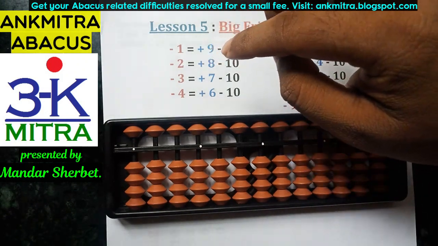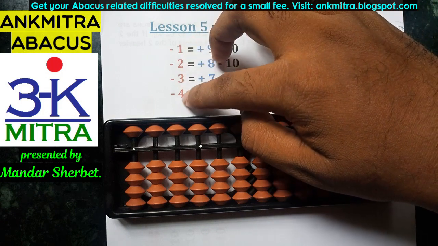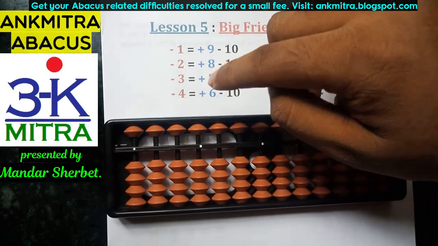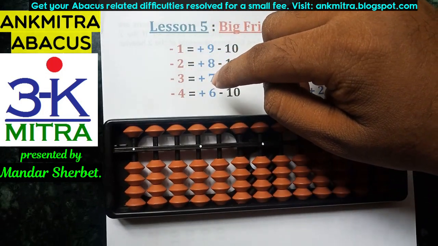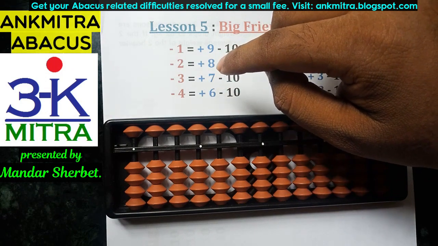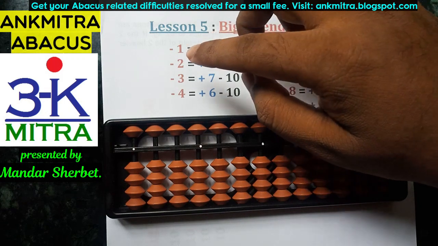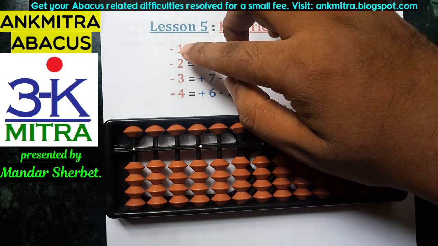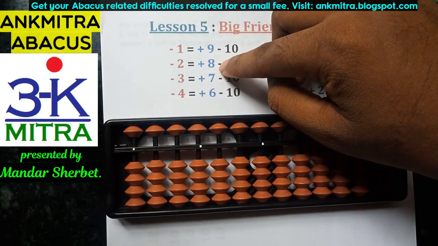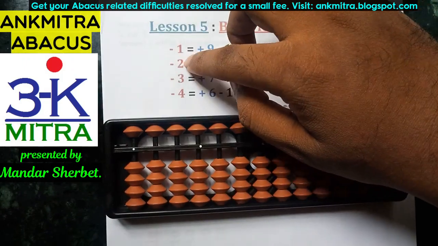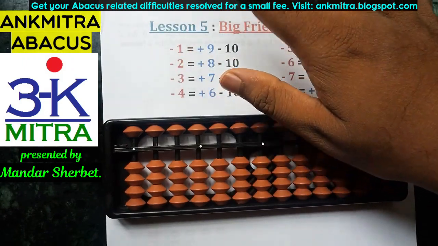If bead of 5 is available to subtract, we can subtract these digits using their respective small friend formulas. So the second step is to check whether we can do it using the small friend formula. And then the third step, that is, if small friend is not possible, only then we come to the big friend formula. Okay, so big friend is used after the first 2-step checks are done.